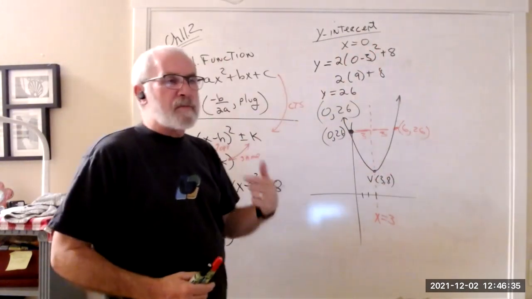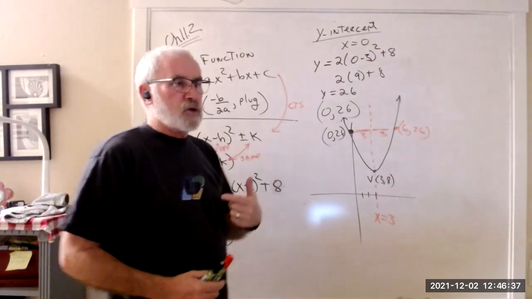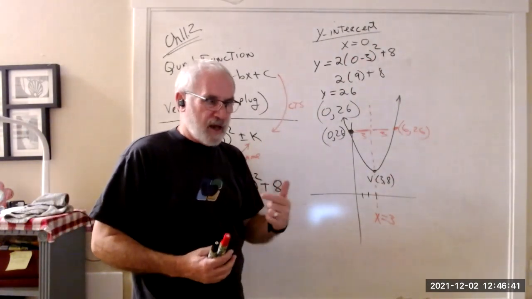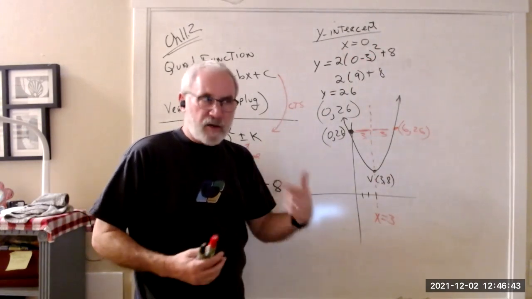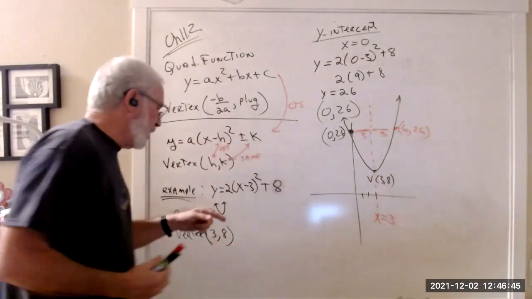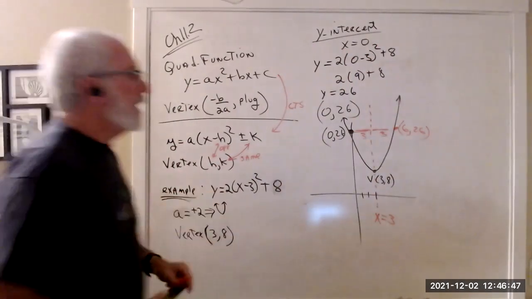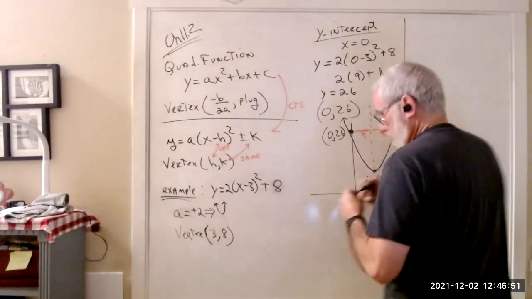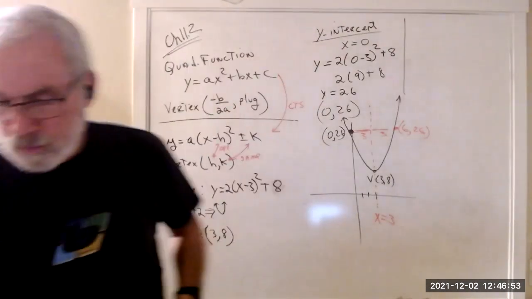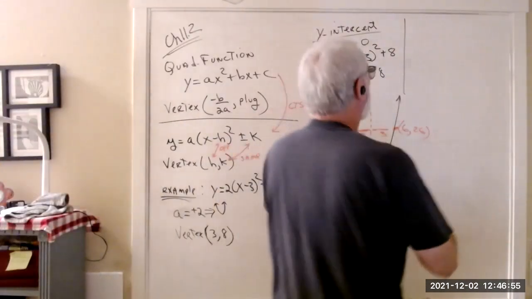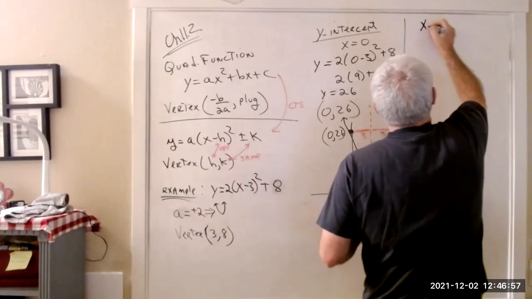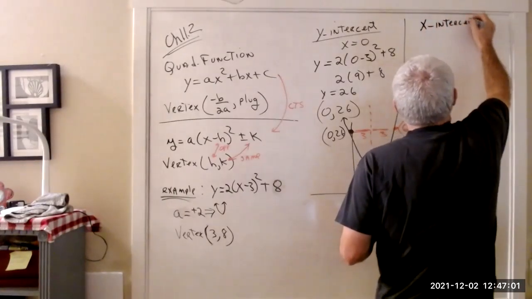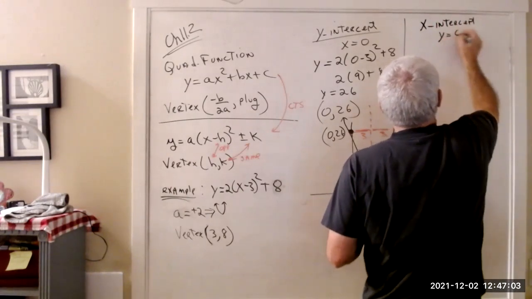I want to do the math for you to show you the algebra that you would get for the same thing, because you're going to run into this. To find the x-intercepts, you set y equal to 0.